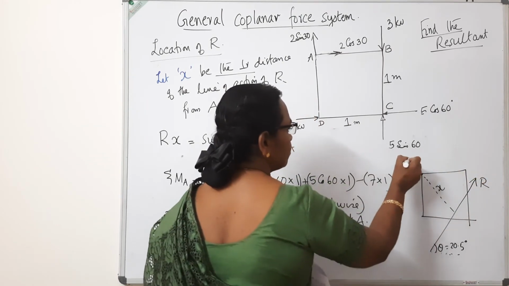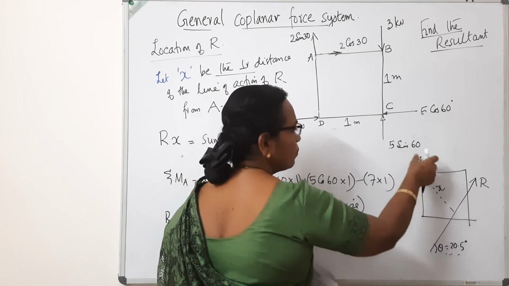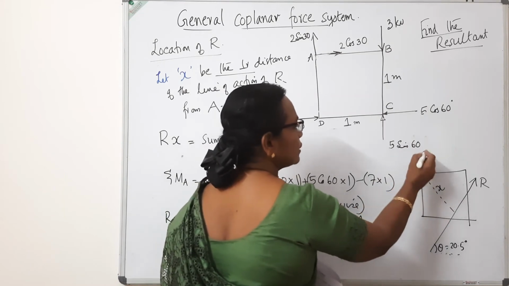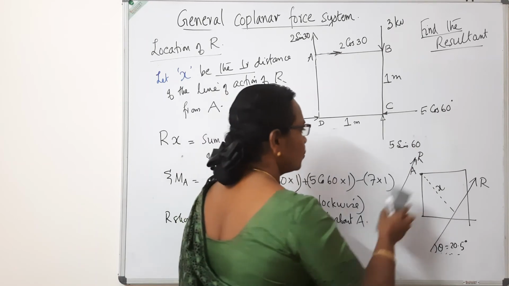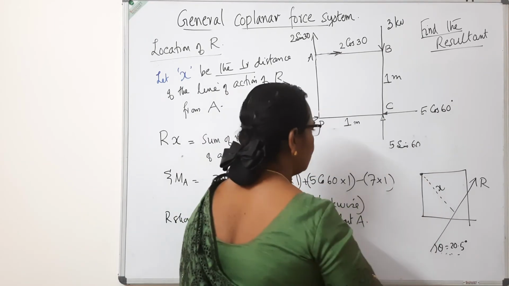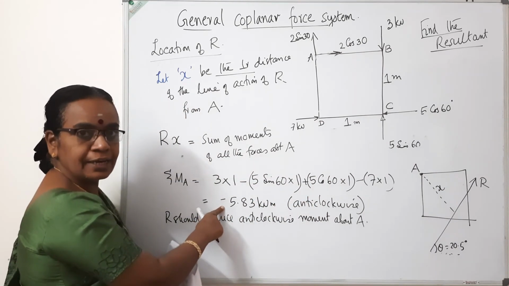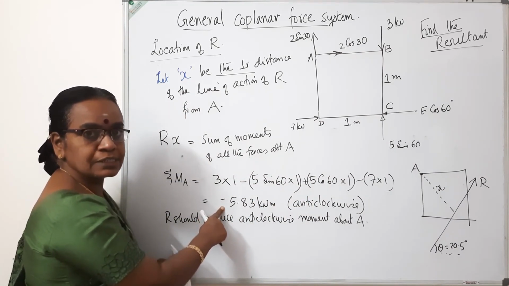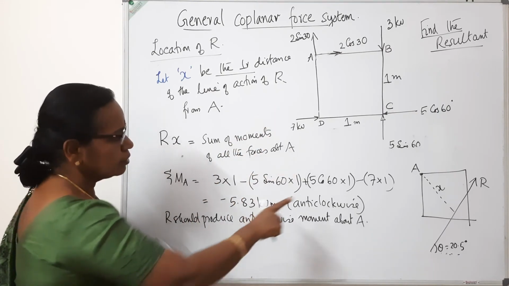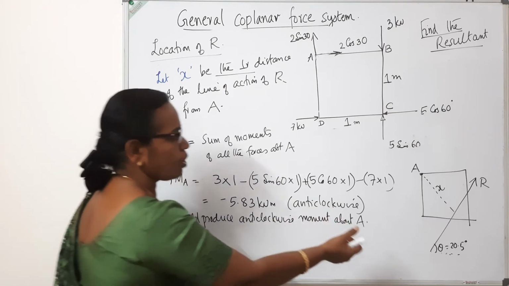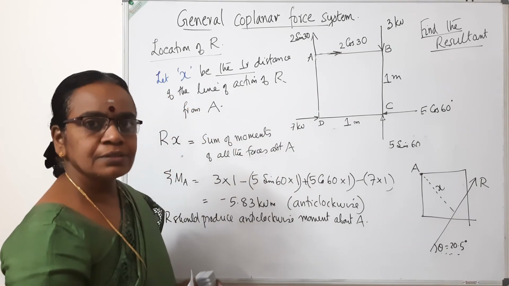See, if the resultant is above A, this will produce clockwise moment. If the resultant is above A, that will produce only clockwise moment about A. So, looking into the value as well as the nature of the moment of the individual forces, we can get an idea whether the line of action of the resultant is below A or above A. In this case, it is below A because R should also produce an anti-clockwise moment about A.